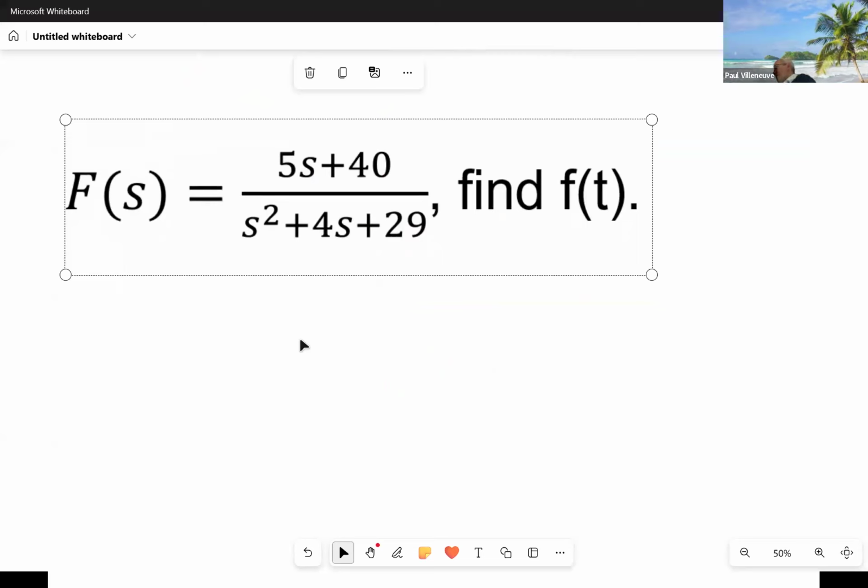You can do whatever you want. You can do the A plus B terms and do it that way. Or you can do it the way that I've been suggesting.